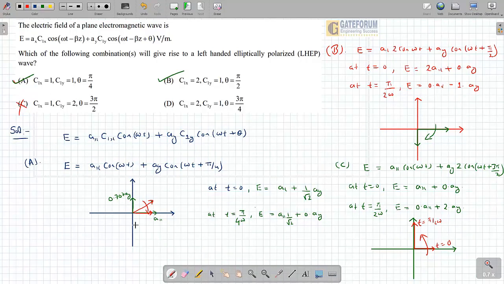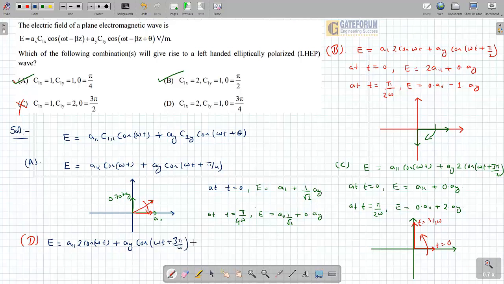Okay. So I just make some space over here, and we'll see D. So here in this case, E is going to be Ax cos omega t plus Ay cos omega t plus 3 pi by 2.